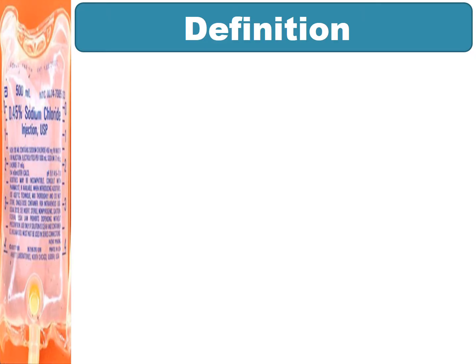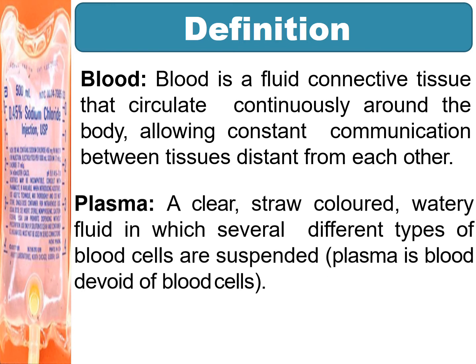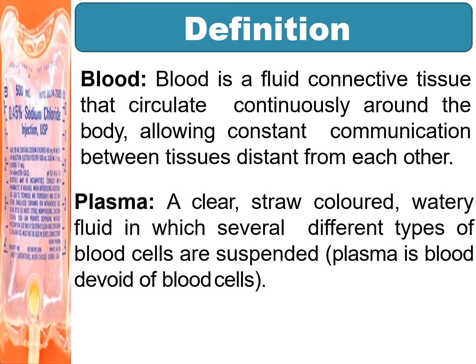Before starting this chapter, we have to know the simple definitions of blood, plasma and serum. So what is blood? Blood is the largest fluid connective tissue that circulates continuously around the body, allowing constant communication between tissues distant from each other. Whereas plasma is a clear, straw-colored, watery fluid in which several different types of blood cells are suspended.